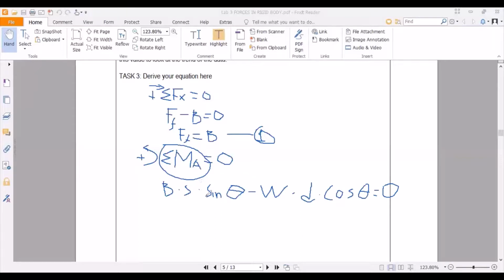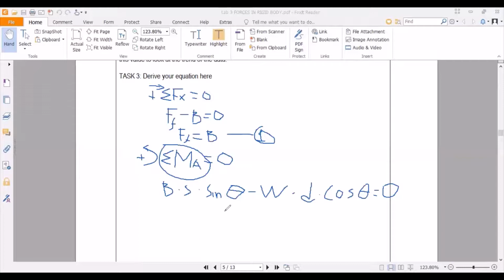Sin theta should be referred to the condition of Y. So why is the value positive? Because we mentioned before, the symbol shows CCW or counterclockwise is positive, and this one is negative.